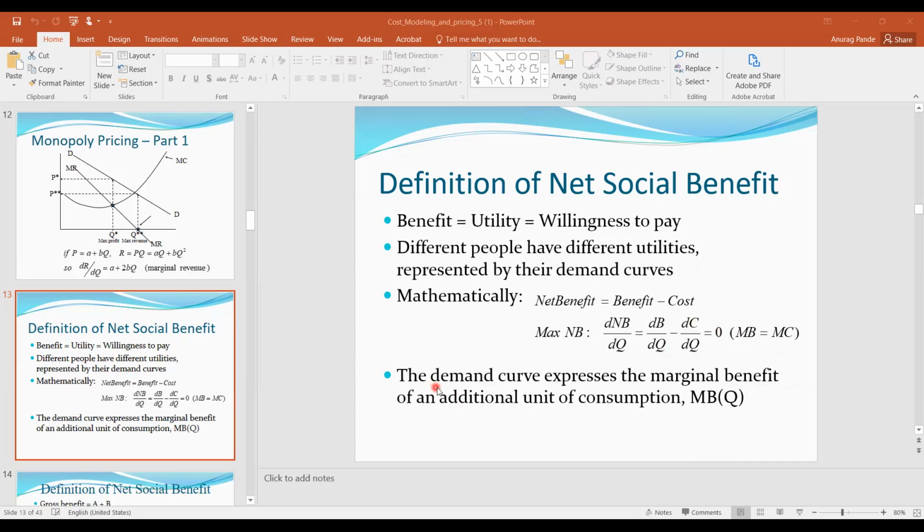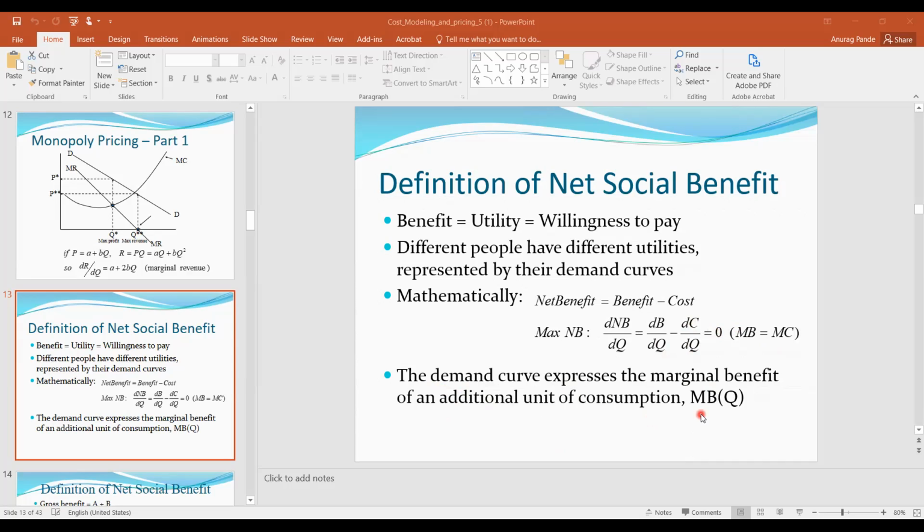Right? And the demand curve expresses the marginal benefit of an additional unit of consumption. So if you look at the slope of the demand curve, that's your marginal benefit. But if you look at the slope of the cost curve, that gives you the marginal cost curve.